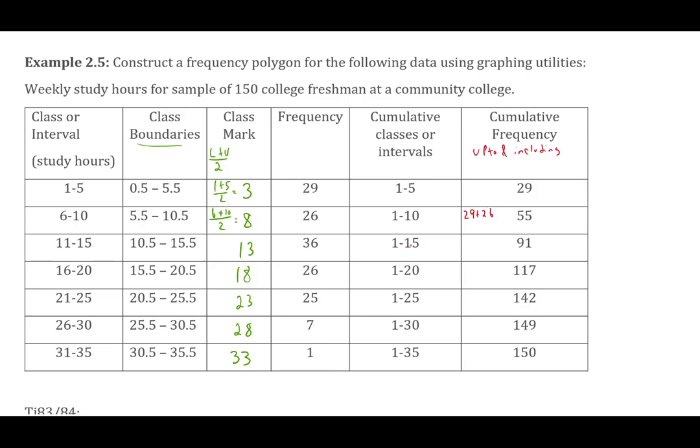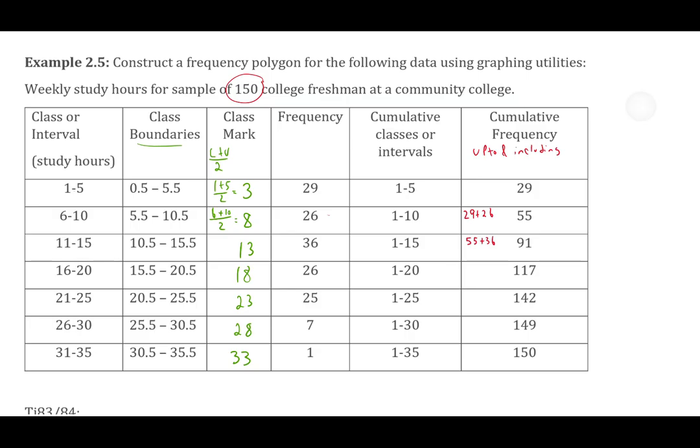If we go to 15 hours, this would be 29 plus 26 plus 36, or 55 plus 36. So again, up to and including 15 hours. We just continue to add up all of the frequencies, and we'll get a total of 150, which is great because we were told in the lead-in question that we had 150 college student data.